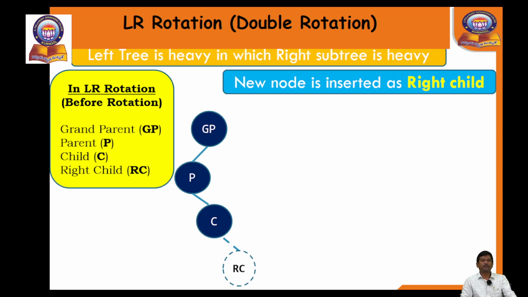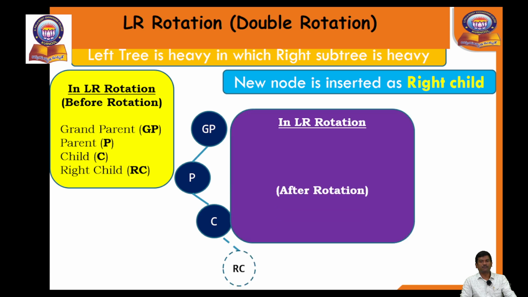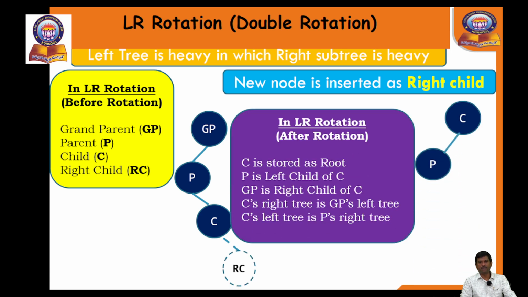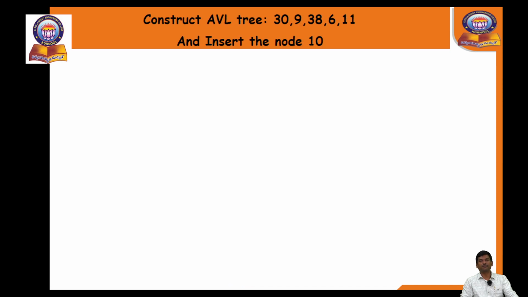So upon adding the right child, C becomes the root, the same thing which I have explained, and P is the left child, and GP is the right child of C. Next, C's right tree, if it is present, you have to attach to the GP's left tree. So it is being attached to GP's left tree. This is what you need to understand about how to perform the double rotation related to LR rotations. This becomes the before rotation and this is your after rotation.